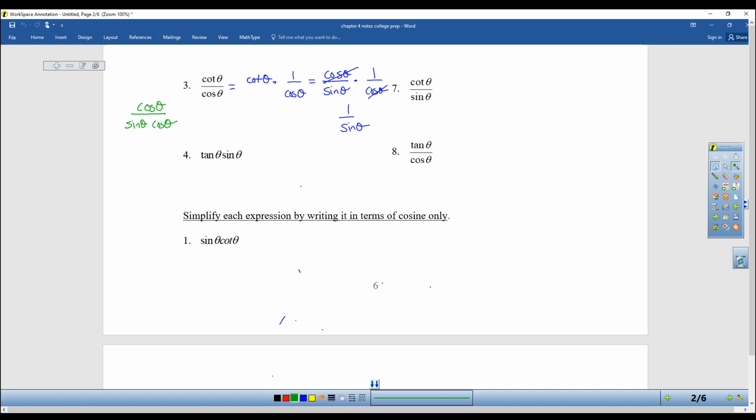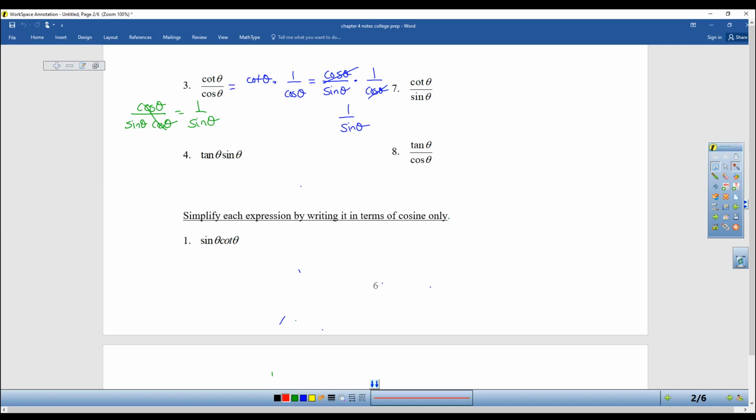A little bit trickier way to think of it. The sine from the cotangent being cosine over sine just moves to the bottom with the cosine, and then it cancels. If you understand the green way, that's great, but most people do not understand how that works. So you can stick with one of the first two ways I showed you.